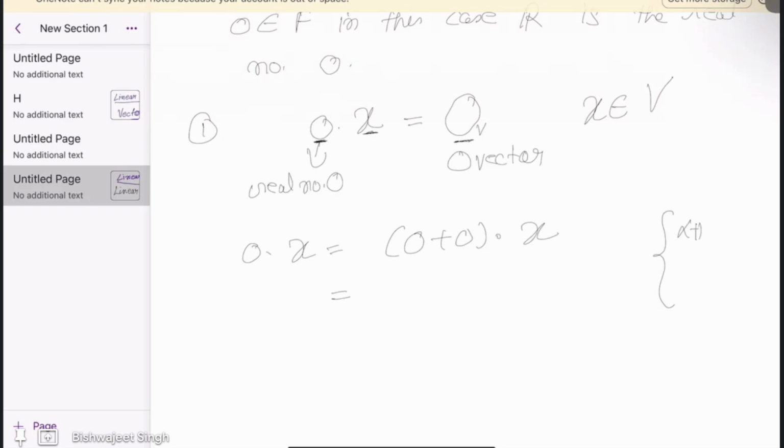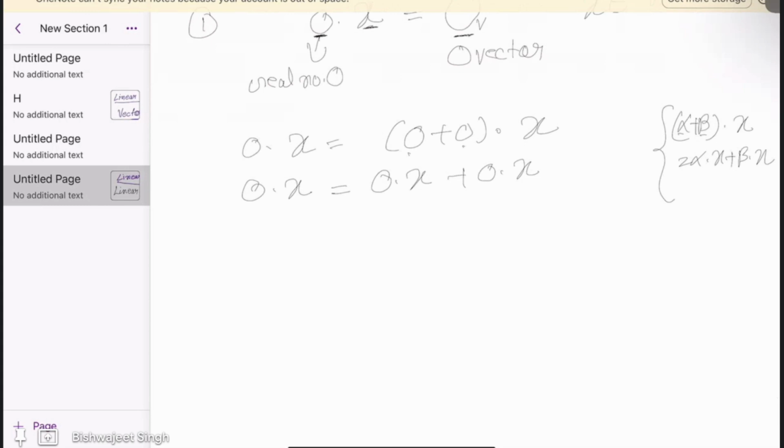That alpha plus beta dot x is equal to alpha dot x plus beta dot x. In this case, alpha and beta are real numbers, elements of the field. So this 0 and this 0 are also the real number 0. With this property I can split it: I can write 0 dot x plus 0 dot x.